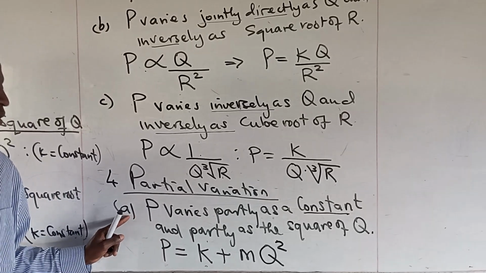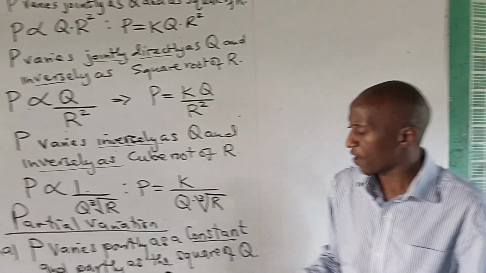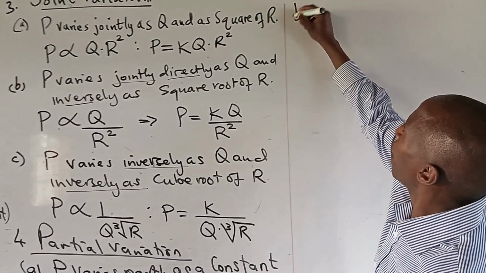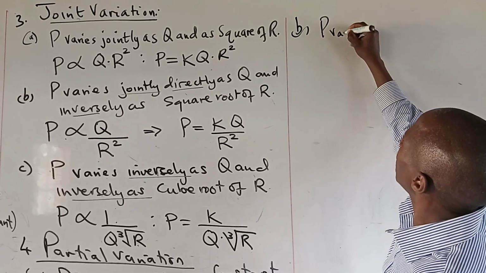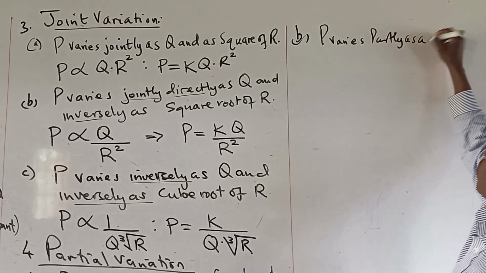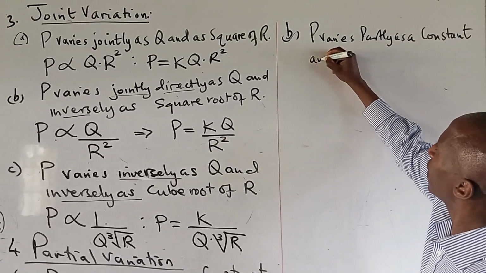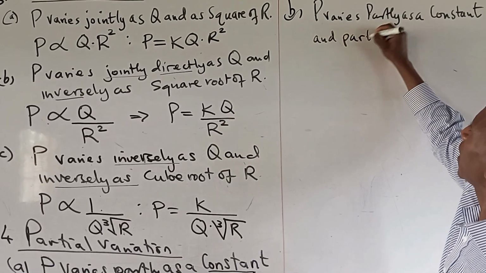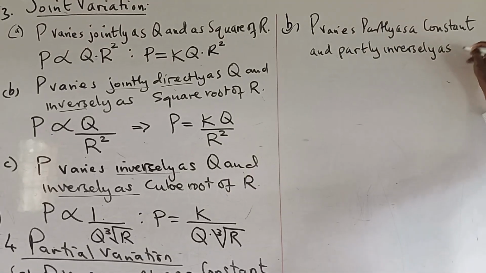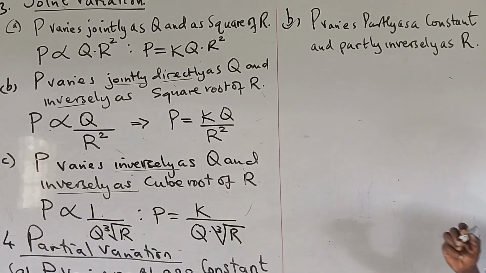Let's look at condition B on partial variation. We may have a case of inverse, whereby P varies partly as a constant, and partly inversely as maybe we can use R. How is this?